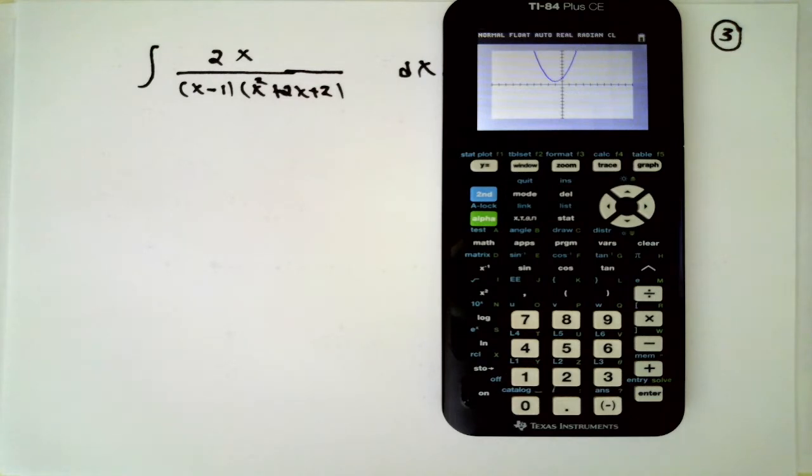X squared plus 2x plus 2 has no places on the x-axis where the y-coordinate is 0. It has no real roots. This is an irreducible quadratic factor. It can't be written as the product of two real linear factors, because if it could, those zeros would show up on the graph here.